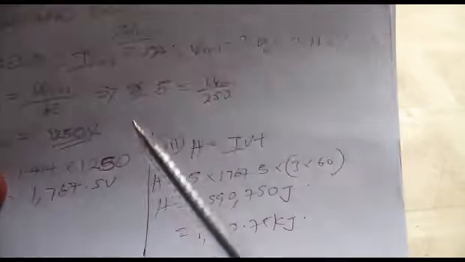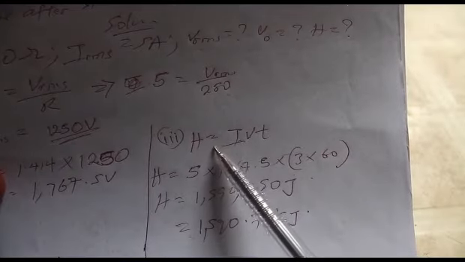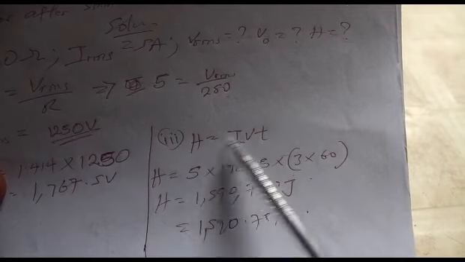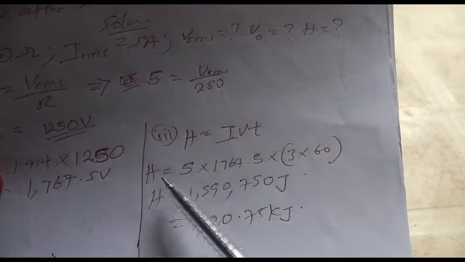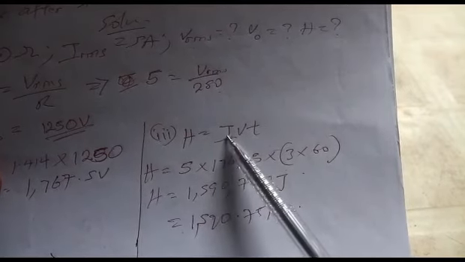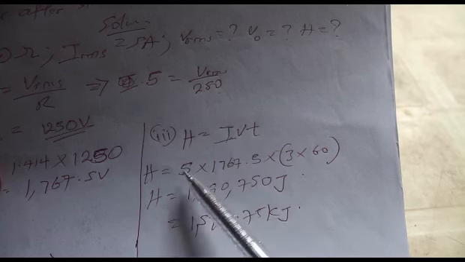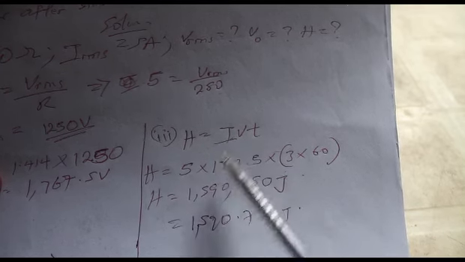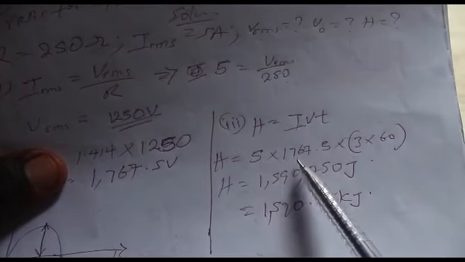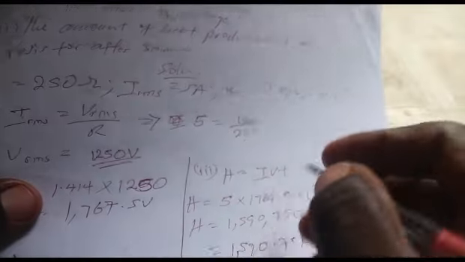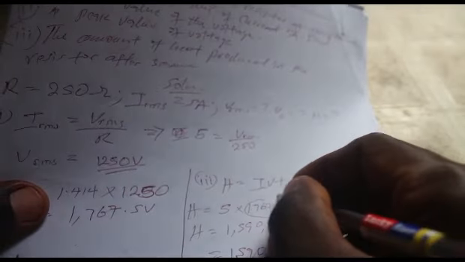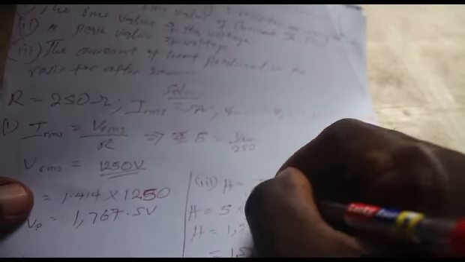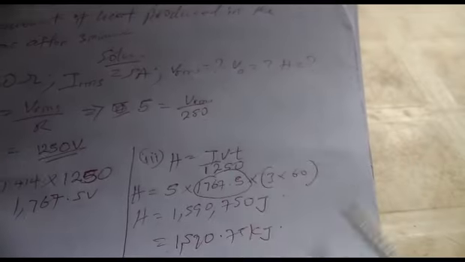Now to find the heat produced in the resistor, we have electrical heat is equal to IVT. So H is equal to the RMS value of the current, which is 5, then the RMS value of the voltage, which is not this. I just made a mistake. So it is 1250.